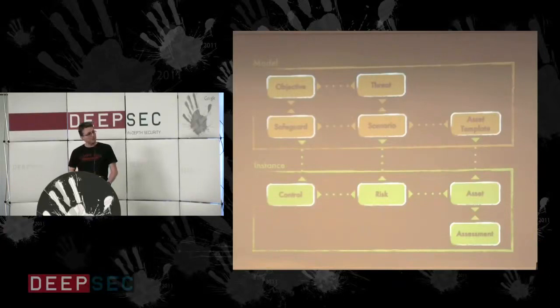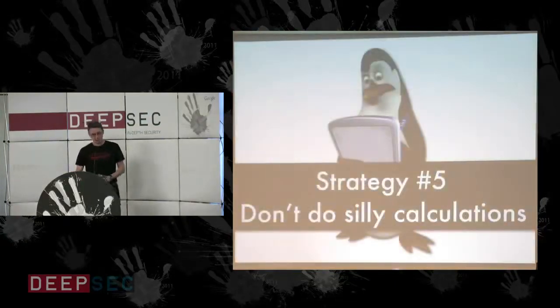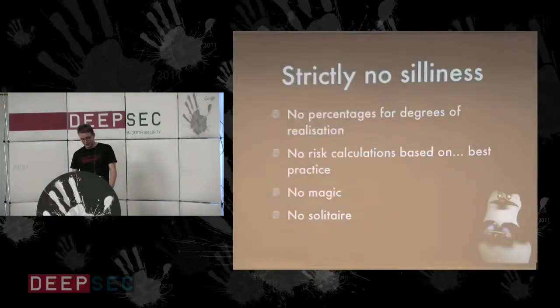The data model is built so that you can do some history, look at the last assessments and do some comparisons to see if they became better or worse with their compliance level. And what we also said is we don't want to do any silly calculations. By no silly calculations, I mean there are some tools which do percentages to track the realization of controls.